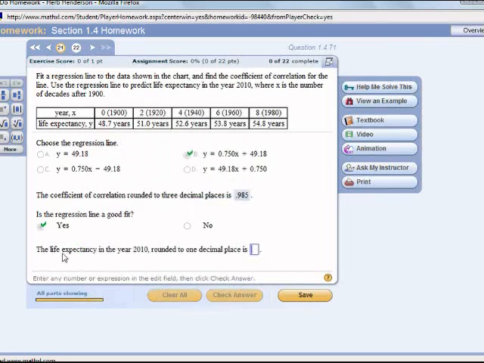Okay, the life expectancy in the year 2010, rounded to 1 decimal place, is... So, this is what we're using right here. y equals 0.750x plus 49.18.